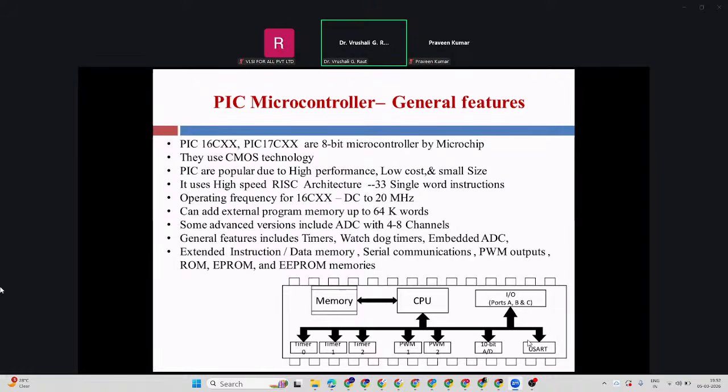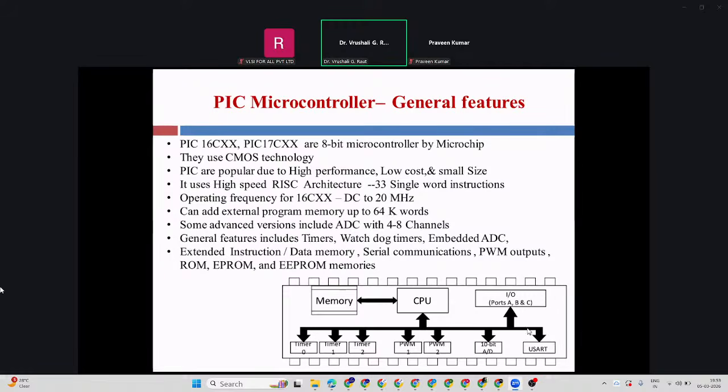Right? Now look. Generally, how is the microcontroller? It is the CPU, that is the Central Processing Unit, having ALU and control unit. Then this CPU is communicating with memory, right? This memory can be data memory or program memory. What other thing is happening? This CPU is communicating with I/O ports through the internal bus.